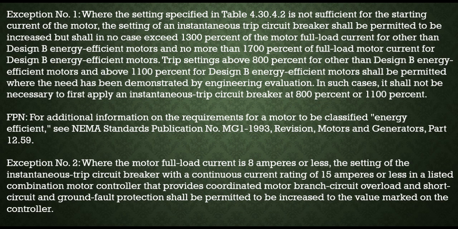If the setting in the table is not sufficient for starting current, the setting can be increased, but not beyond 1,300% or 1,700%, depending on the motor type. And also, if the motor full load current is 8 amperes or less, the breaker setting can be increased to the value marked on the controller.